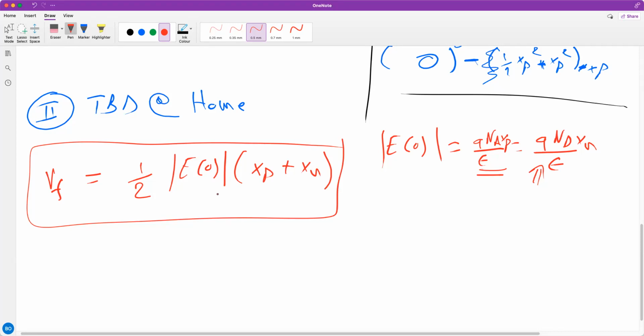Yes, obviously. E0, as I mentioned, is either this one or this one. Both of them are equal. You can use E0 here, so it's not a problem.